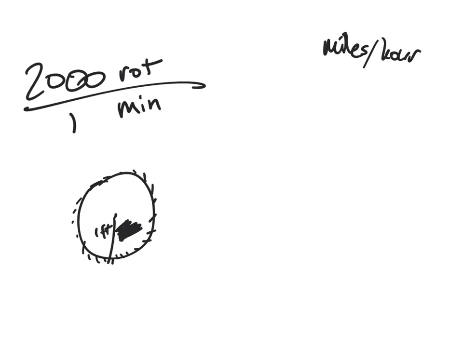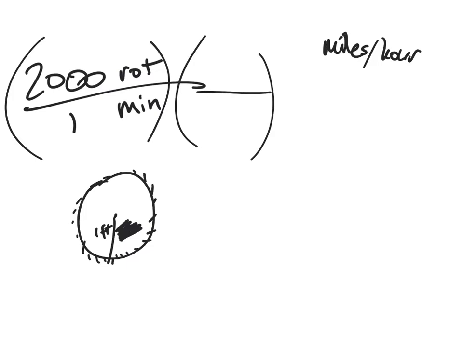At least now I have feet going in the same conversion factor that I know. 5,000 and what is that again? 5,280. Good. Everybody change 2,000 rotations per minute, or RPMs, into, if it's a 1 foot radius, figure out what to multiply by to get yourself into miles per hour.